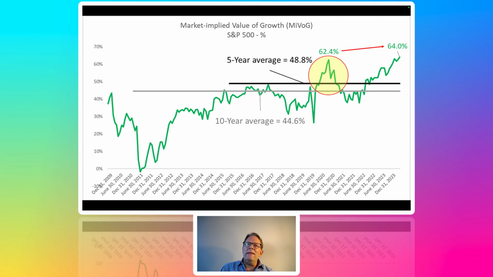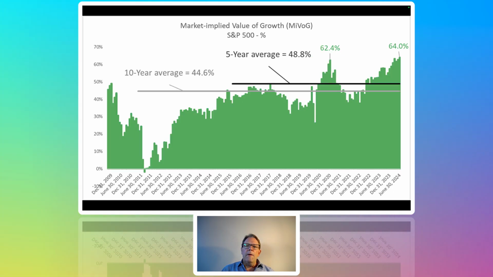Now, I'm hoping some of you thought, how high is too high? Is 64% reasonable? It's higher than it's been for the last 15 years. It's higher than the 5-year average, the 10-year average. But how high is too high? And that's really the question I want to address with a new set of tools, the next layer of tools. All right, this is just that exact chart with the stacked bars.